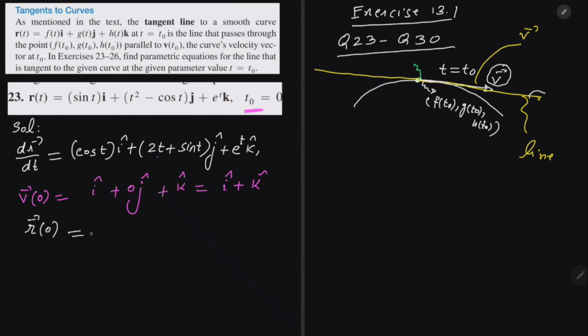Sin 0 is 0, cos 0 is 1, so this becomes minus j plus k unit vector, and that point becomes (0, -1, 1).